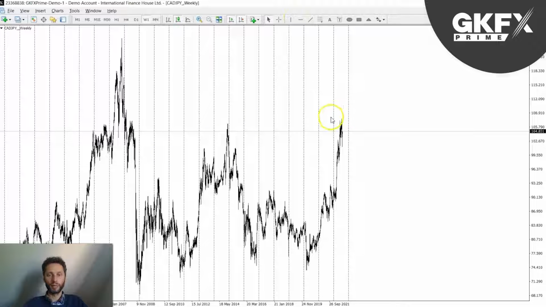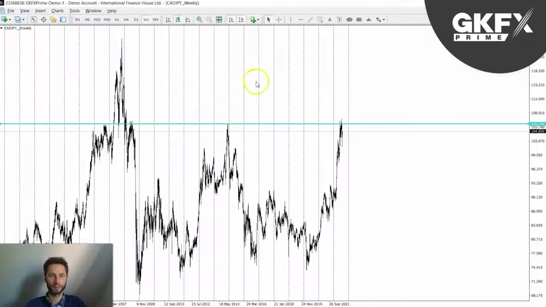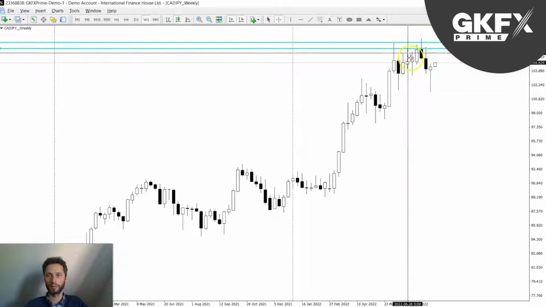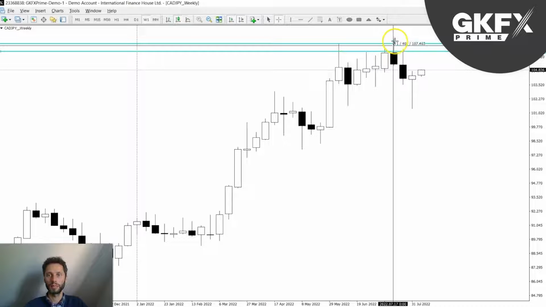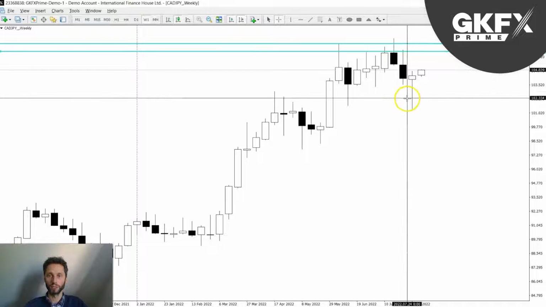On the weekly, if I zoom out here, what I'm looking at is I can see this level right here, this zone right here, and this level right here, where the market has interacted with, just pinged higher, went a little bit higher, left a wick there and rejected.